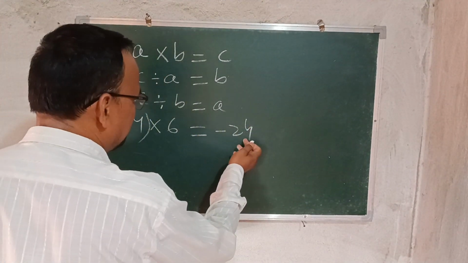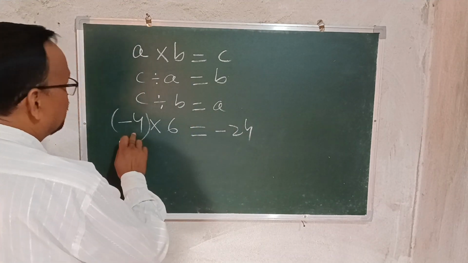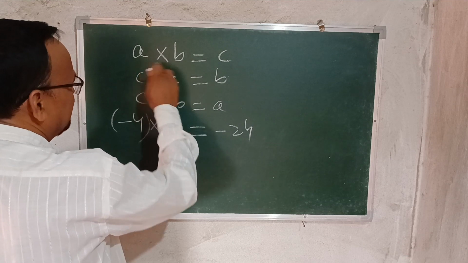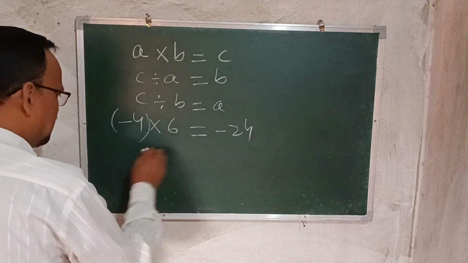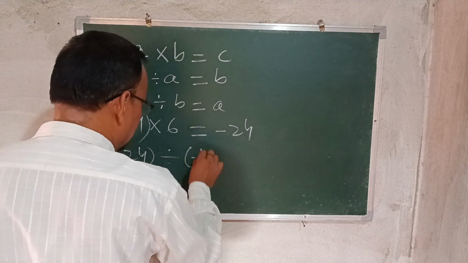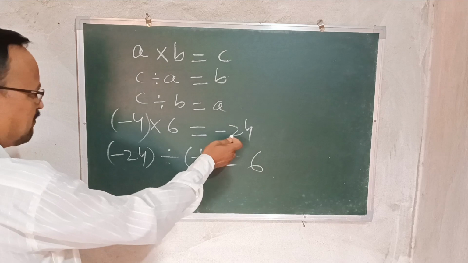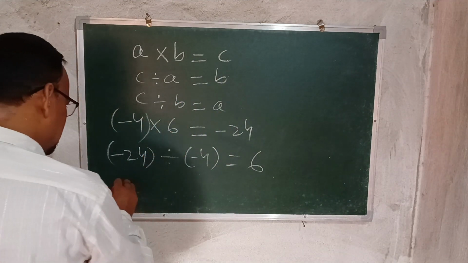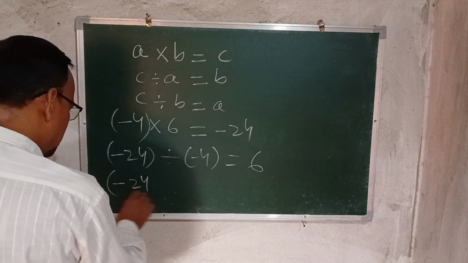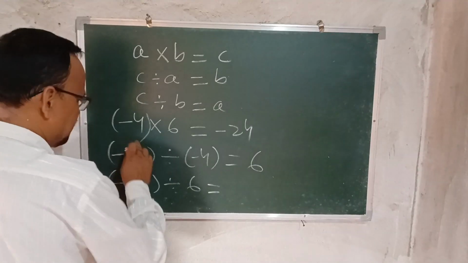If we divide -24 by -4, that is C divided by A, we get 6. And -24 divided by 6, we get -4.